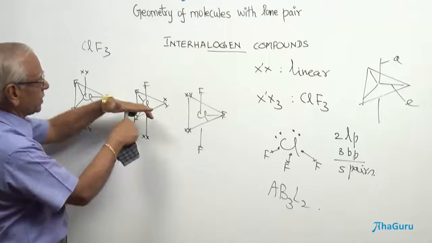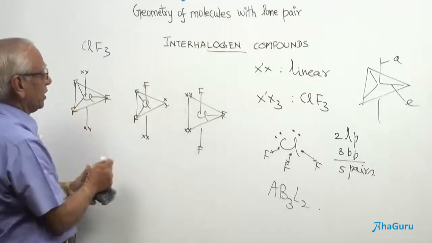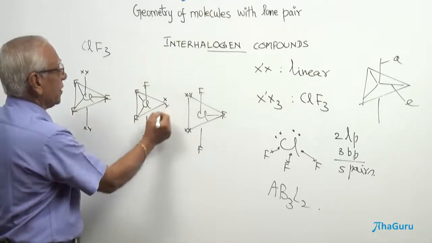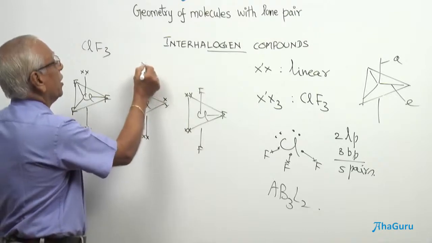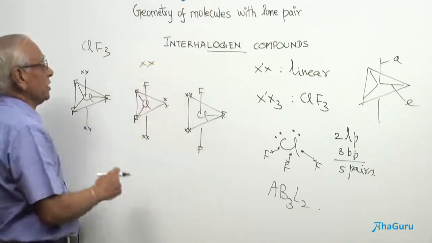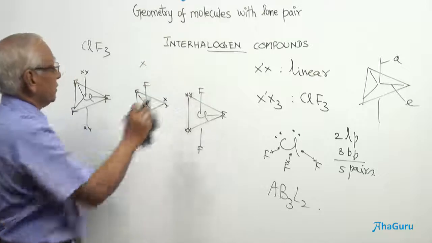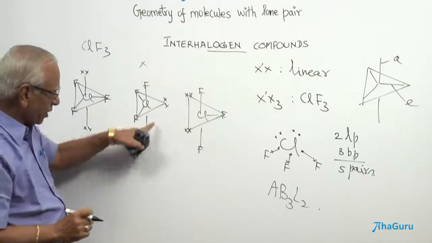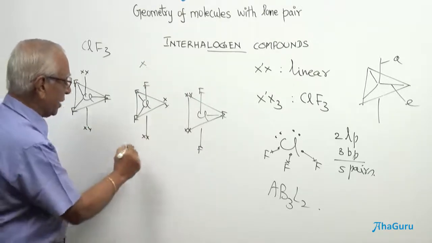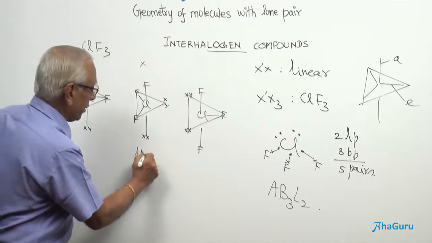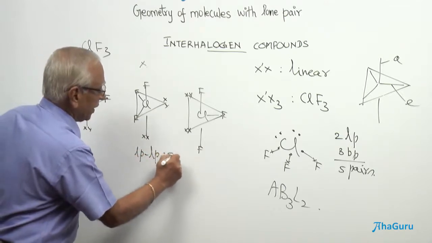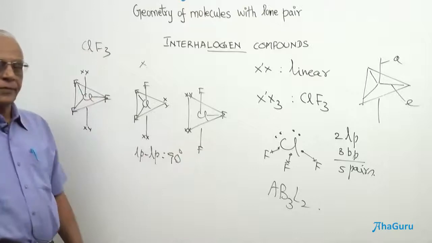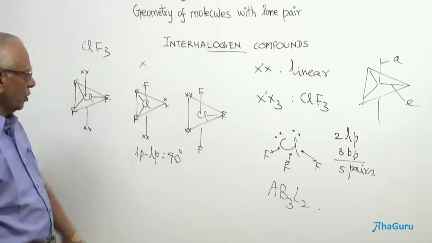The axial bond is perpendicular to the trigonal plane. Therefore, this is going to be the maximum repulsion. Obviously, I am going to rule this out. Lone pair-lone pair repulsion at 90 degrees is the most unstable.